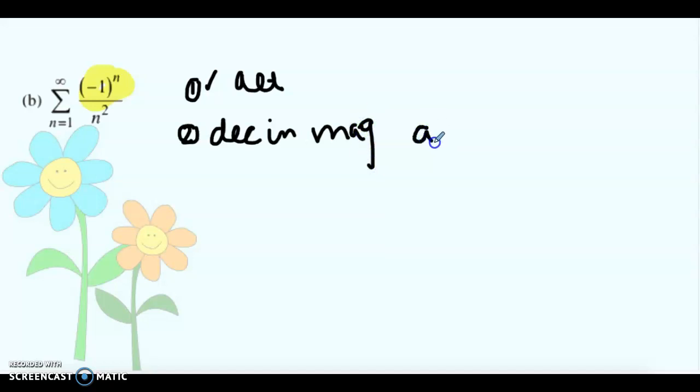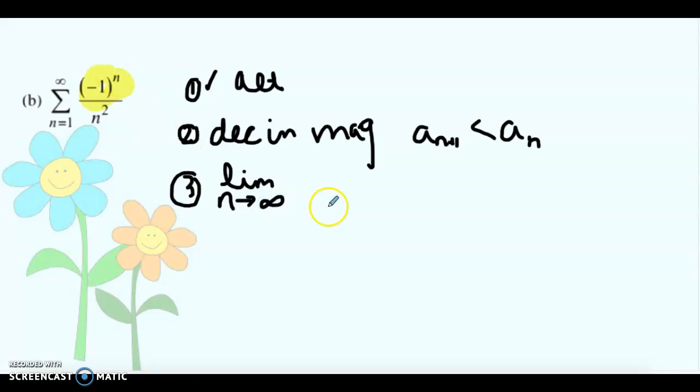So that means our next term is less than a sub n. And now we want to test our third one. And we want to check to see the limit as n goes to infinity of our term.